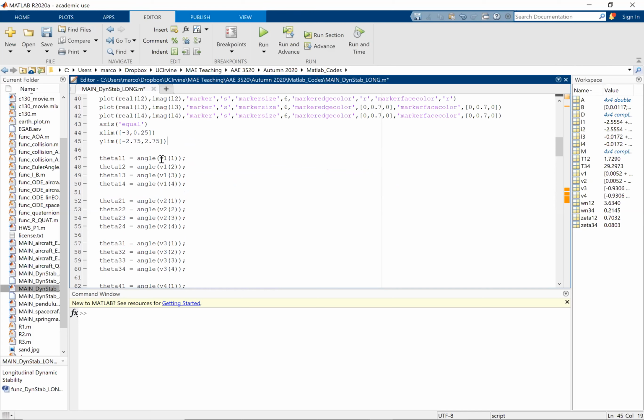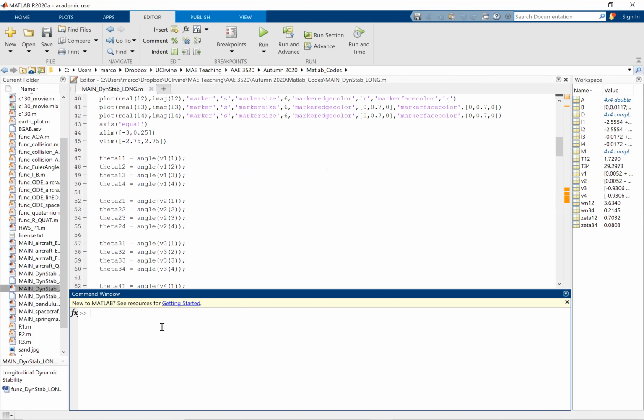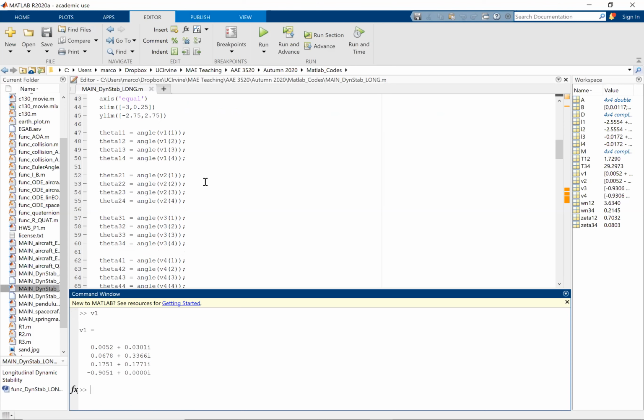So for V1, it has 4 components, and all 4 of them are complex numbers. So we saw that, and they're written in a Cartesian form, so we can transform them into polar coordinates. And the polar coordinates would be magnitude times e to the power of j times the phase. So we have to find the phase and the magnitude of such complex numbers.